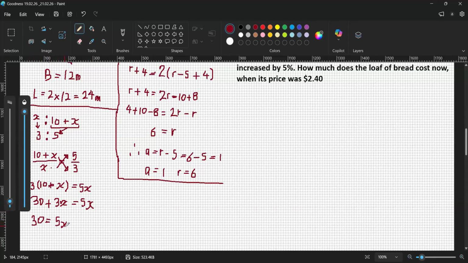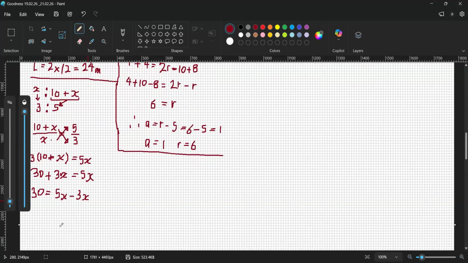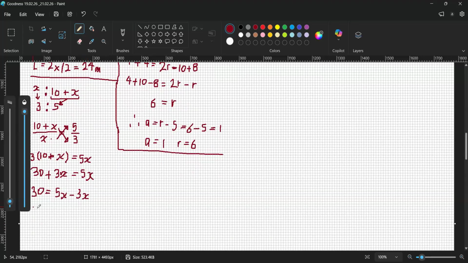Okay. And I'm sure you can tell what the x is already. Divide both sides by 2. So that will leave us with 30 over 2 equals what? 2x over 2.